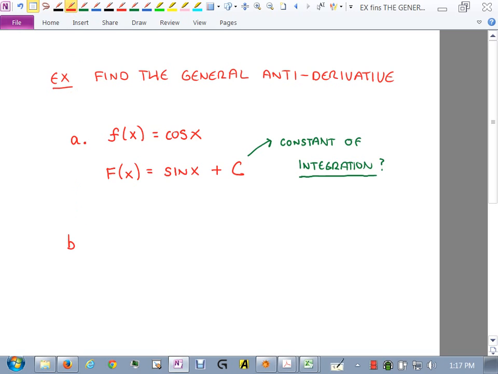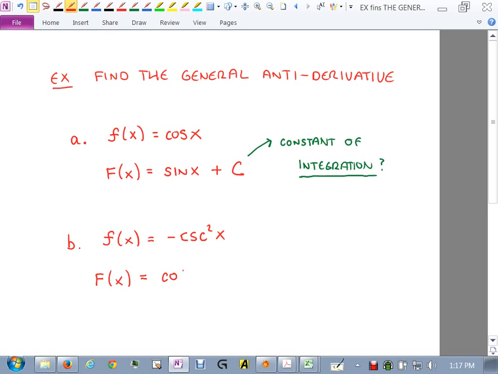Okay, how about this one? Little f of x equals negative cosecant squared x. What is it? The derivative of tangent x is secant squared x.